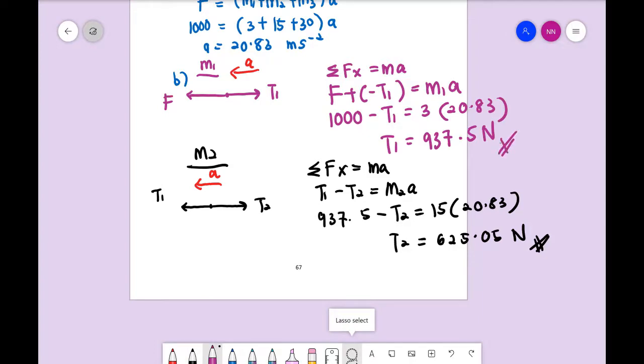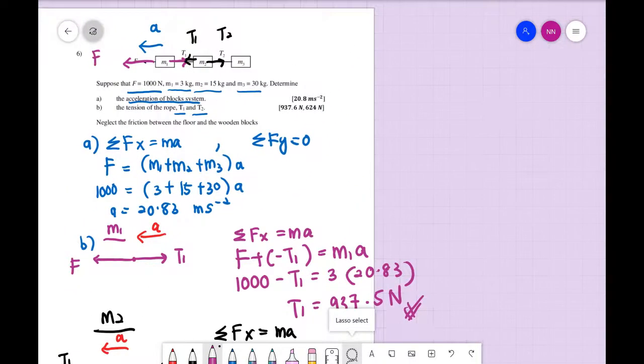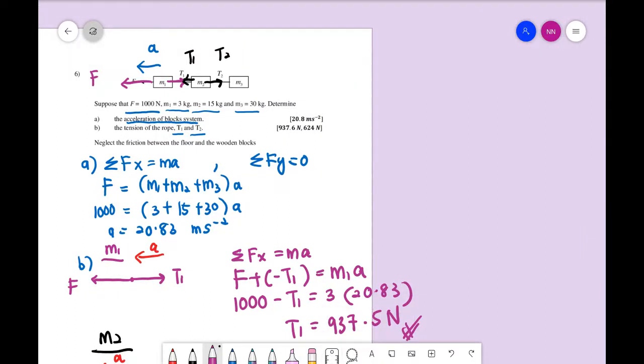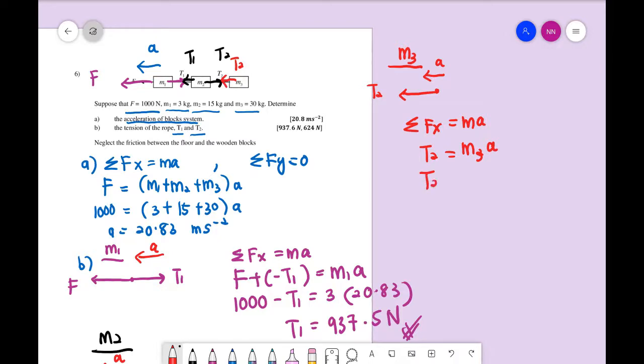If you want to use M3, for M3, it only has T2 to the left, where acceleration is to the left as well. So we may use net force X equals MA. T2 equals M3A.